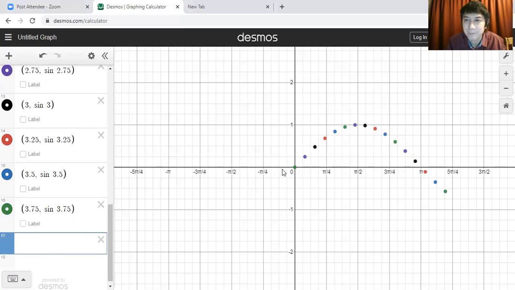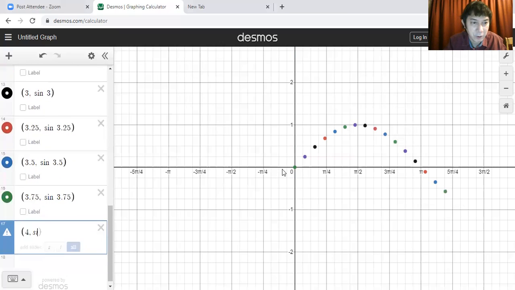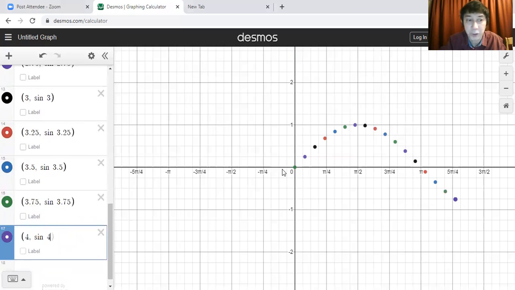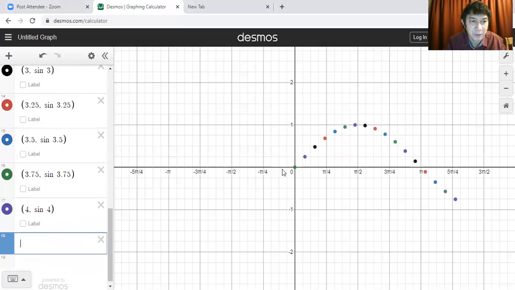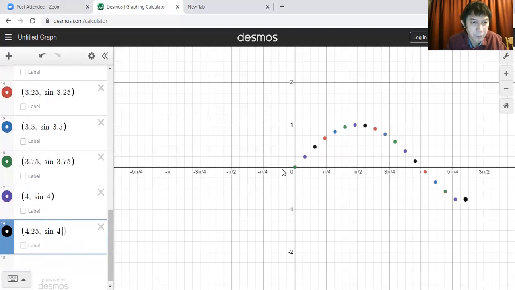All right, and so next is 4. That will be the x, and then sine of 4. Remember, we're using radians. And so we have here 4.25, and then sine of 4.25.